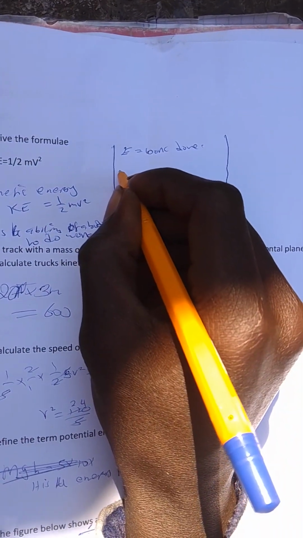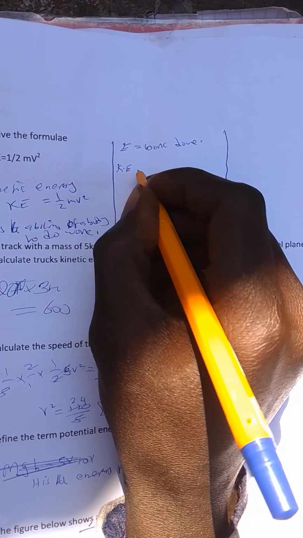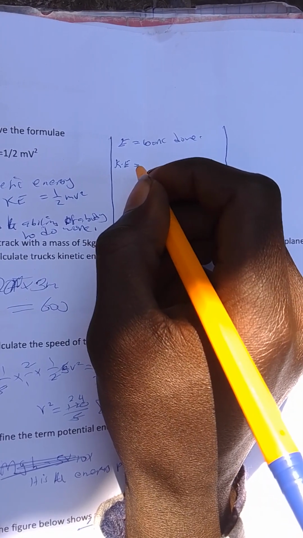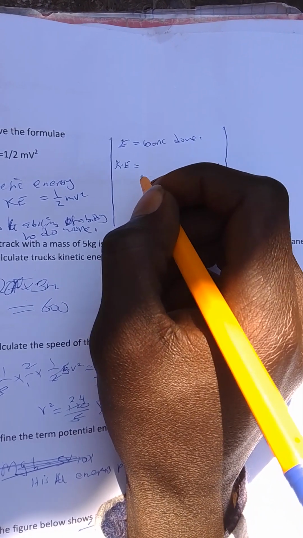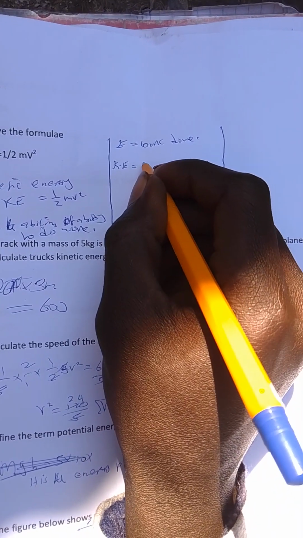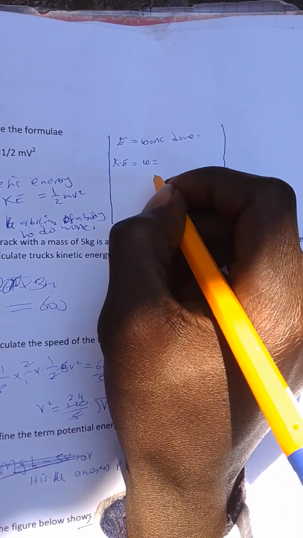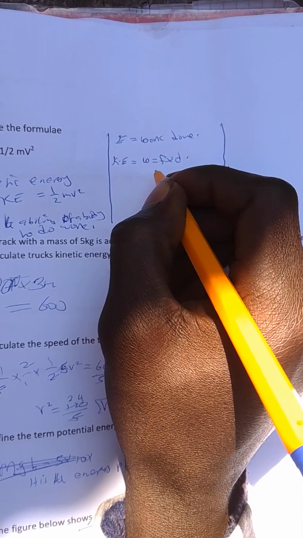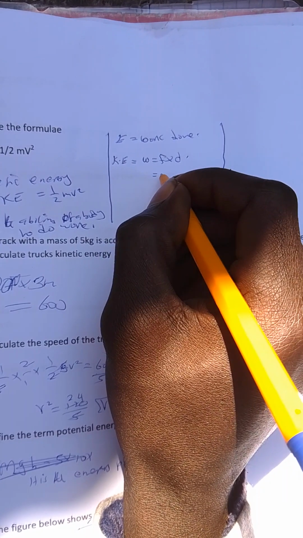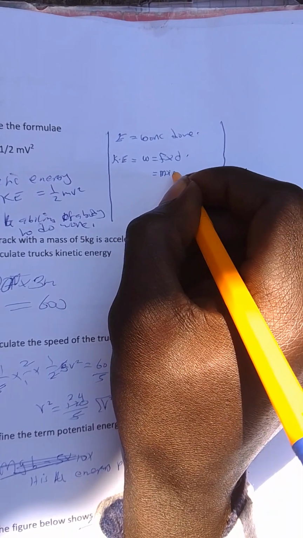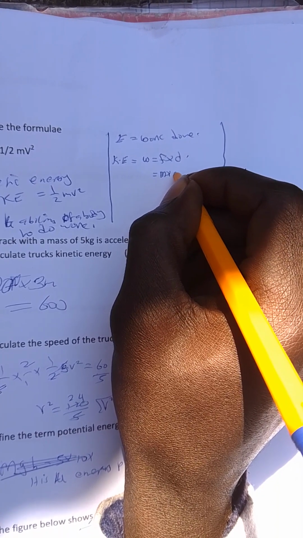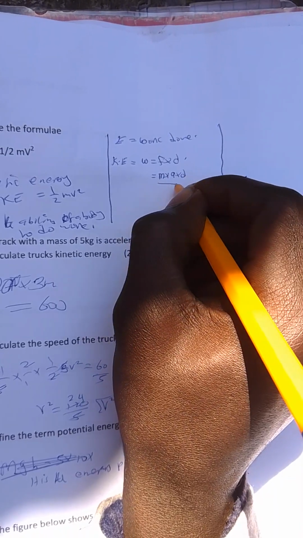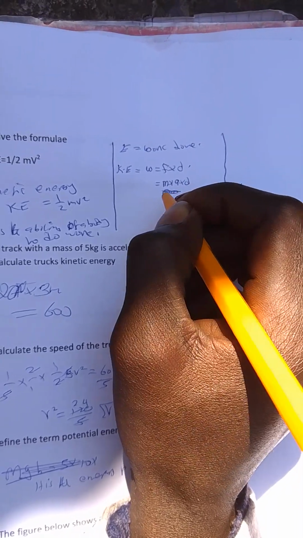Therefore, we know that KE, which is kinetic energy, is the energy that is possessed by a body due to its state of motion. Therefore, kinetic energy is equal to work done, which is equal to force times distance. Now, we have force is equal to mass times acceleration a, now times distance, that is the work done.